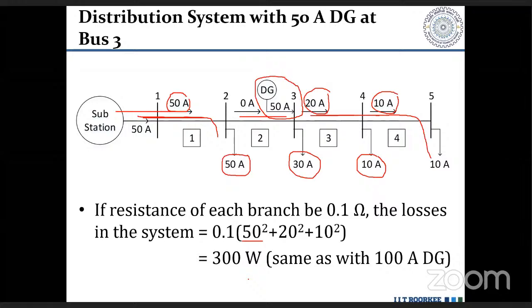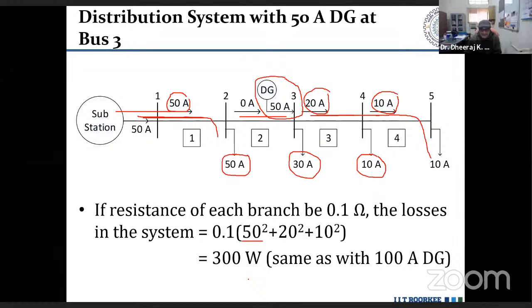And if we compute, again the losses are the same, that is again 0.3 kilowatt, which is the same as we got by placing the 100 ampere DG at bus number 3. So what I actually want to explain to you is that both size as well as location are important for DG.